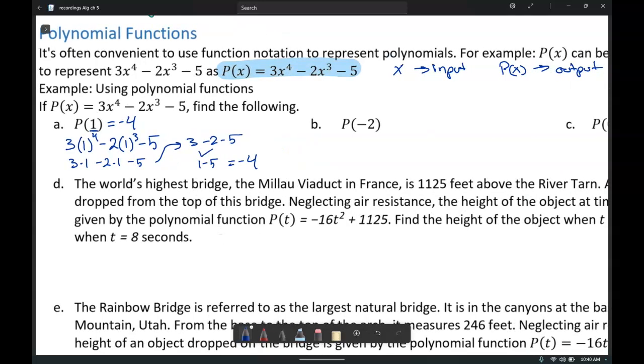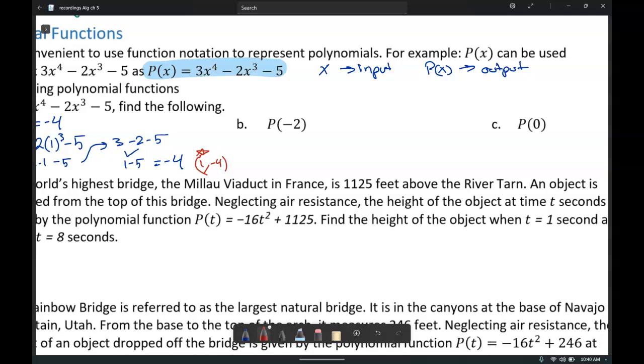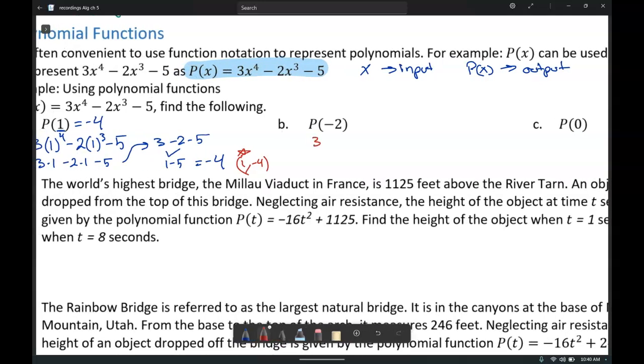Recall that this also does give us an ordered pair. We don't need it here, but it's useful to remember that we have just identified an ordered pair of 1, negative 4. P of negative 2, same thing. We'll go ahead and substitute it in. 3 times negative 2 to the fourth, minus 2 times negative 2 to the third, minus 5. Follow our order of operations.